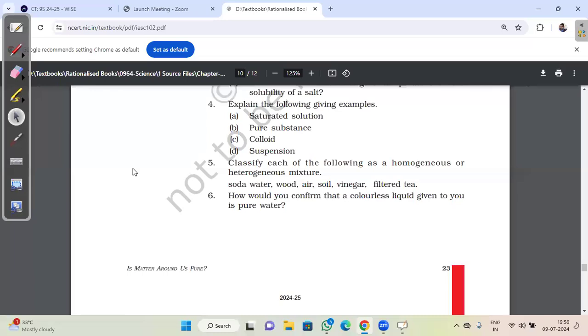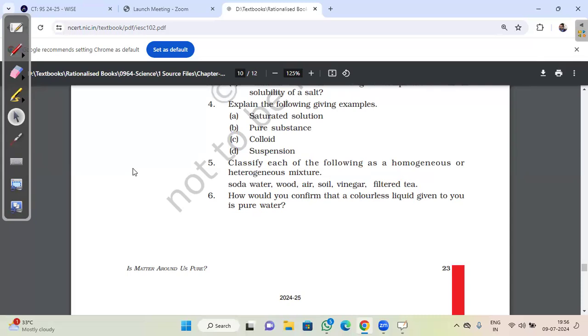How would you confirm that a colorless liquid given to you is pure water? Sir, it's not given in the textbook. Okay, everything is not given.